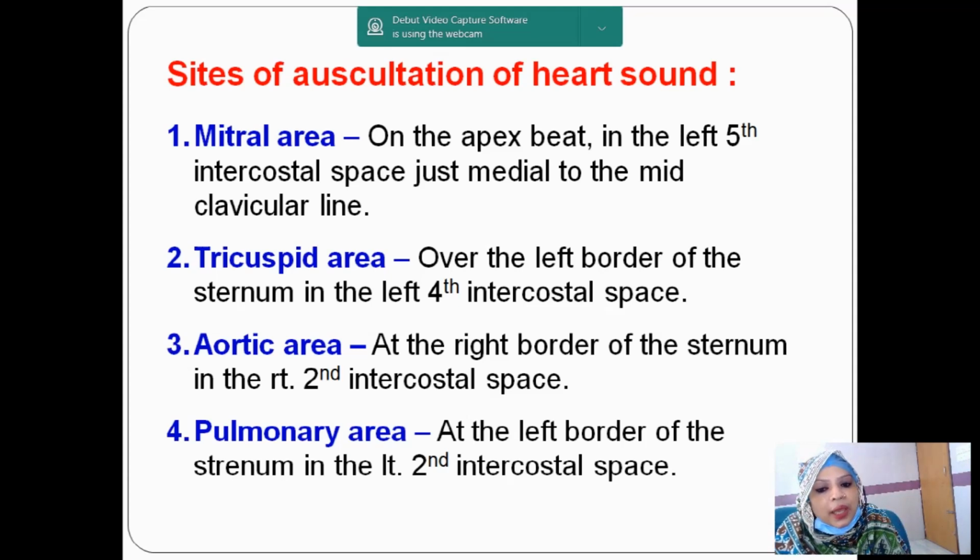In the second intercostal space, on the right and left borders of the sternum, we can hear the second heart sound. So the mitral and tricuspid areas are for the first heart sound, and the aortic and pulmonary areas are for the second heart sound.